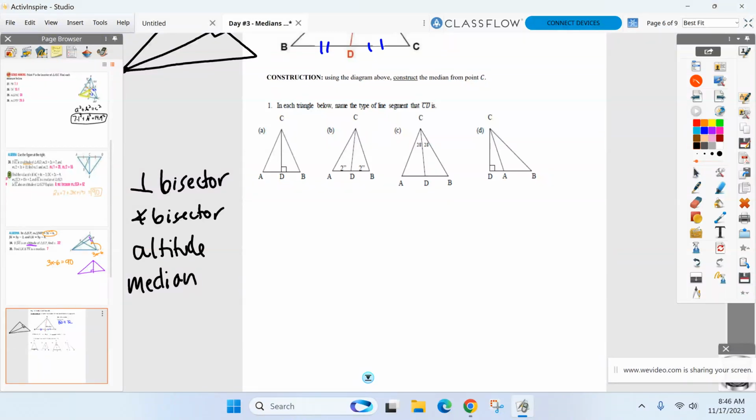So I don't know if that's the best name for that. If it's still perpendicular, it would be an altitude, right? It's the best name based on the markings I gave you. Again, can't be bisector because there's no hash marks.